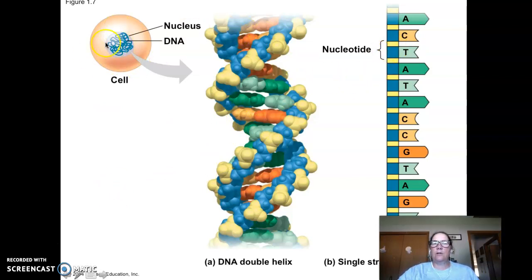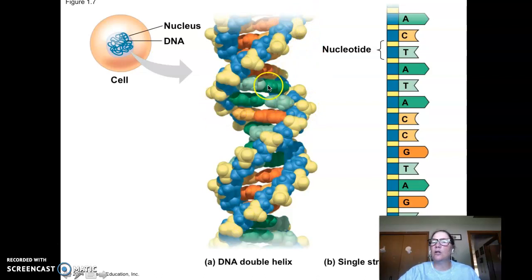Here's inside the cell, you have this DNA, and it's all these lovely colors, and it's kind of hard to see, but the yellow and the blue are the sides of your ladder. They're made out of, the yellow is phosphate and the blue is sugar.